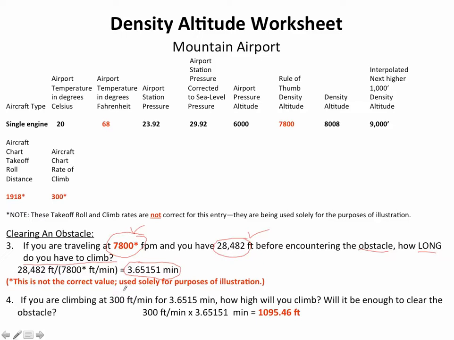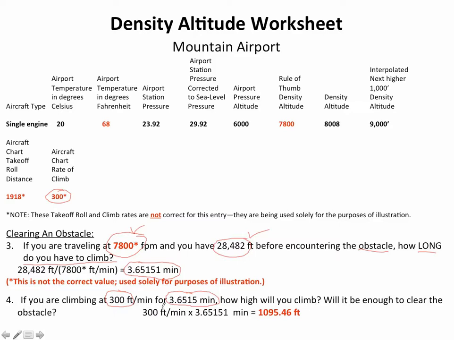So if you're climbing at 300 feet per minute, that's what we got for our rate of climb from the table, and you're climbing for 3.6515 minutes, how high will you be?